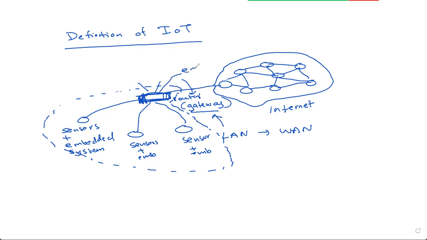So this can also be called an edge server, where we can do both processing and routing of the data. We will get into that later as well. For now, I will just draw it simple. I will simplify this and say that this is the router, and it acts as the gateway between the local area network and the wide area network.